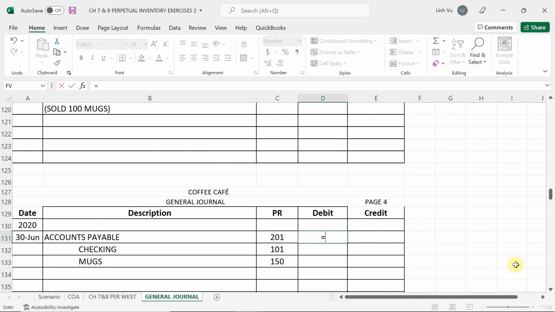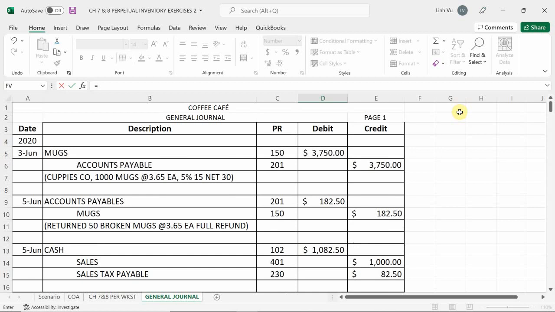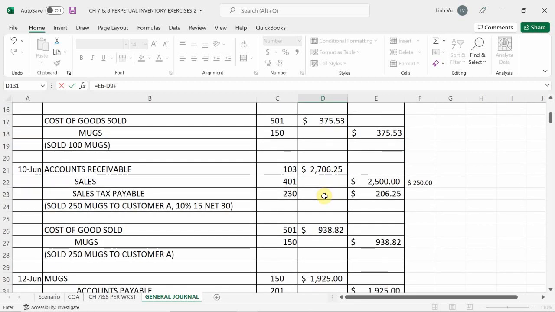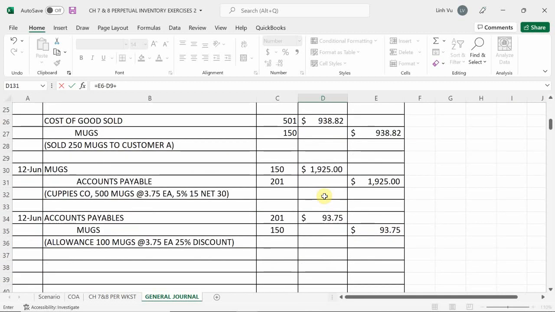Let's actually recalculate that again. So let's see. We got 3,750 minus 182.50. Okay. We have 1925 minus 93.75.